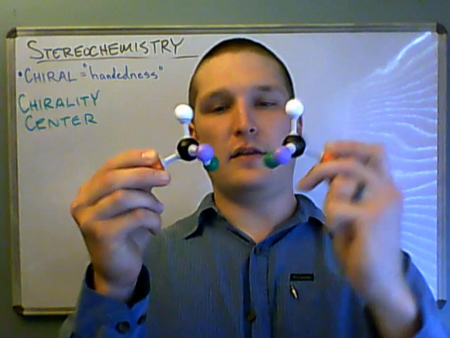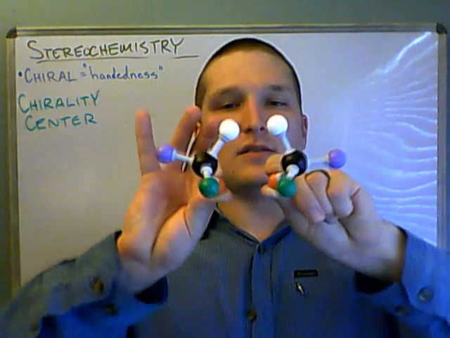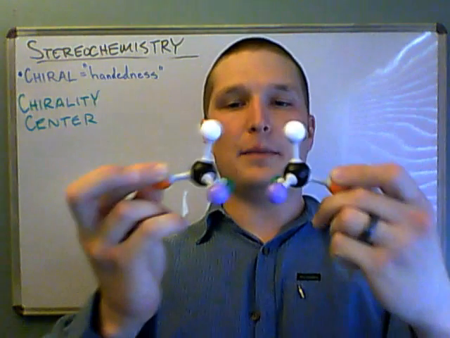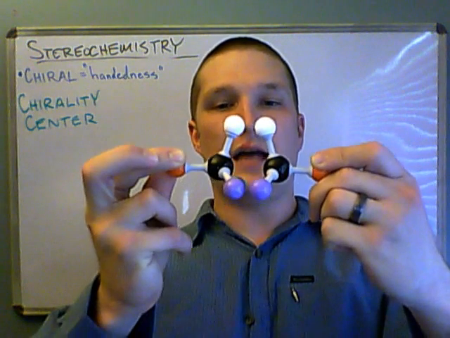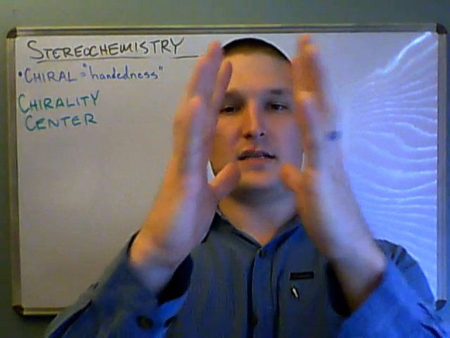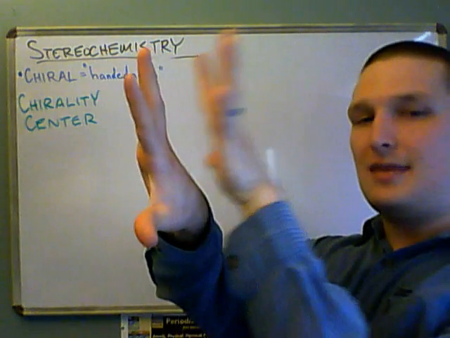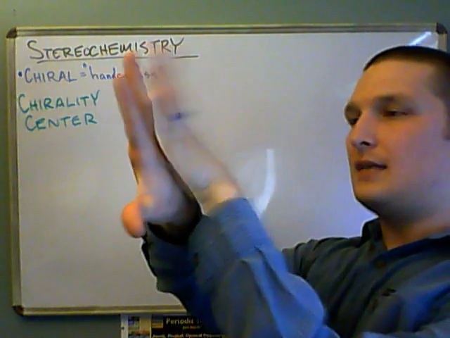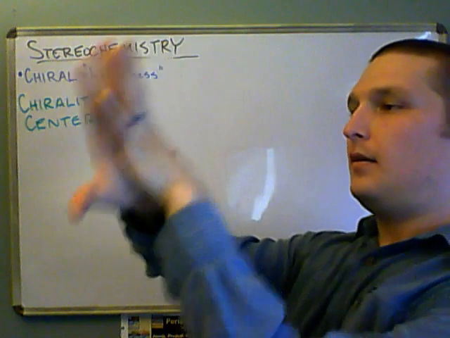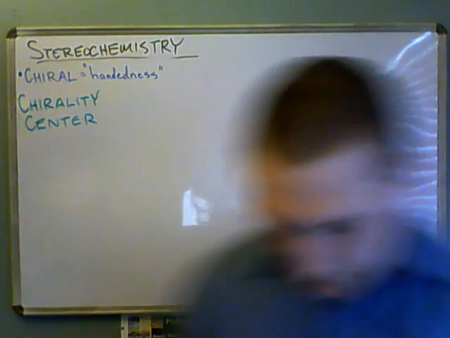So they're different in their arrangement in space, but they're mirror images of each other, right? I could put them up like this to each other, and they line up, just like my hands do. The thumbs are both facing in the same direction, but they're not the same if I do it this way, because the back of my hand is in the same direction as the back of this hand, they don't line up.